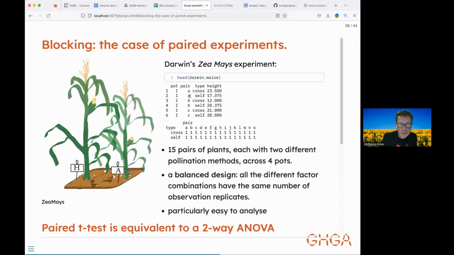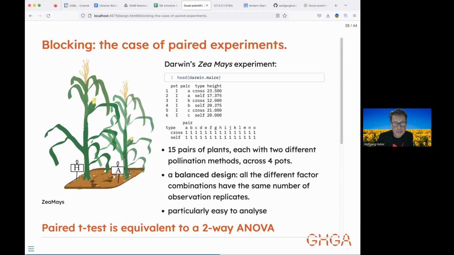where he measured the effect of two different pollination methods on plants. And in this case, obviously the plants also grow depending on many different factors, like how much light they get, how much water they get. So if you just look at individuals, there are lots of potential confounding factors.